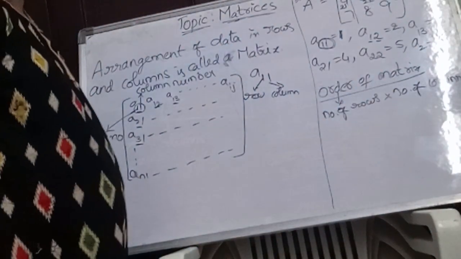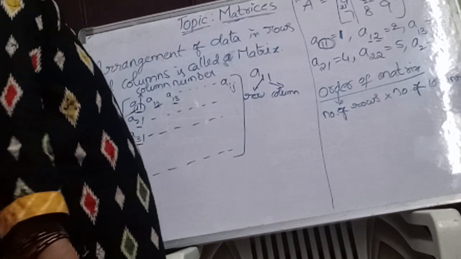In this example, you can see how many rows are there? First row, second row, third row. So number of rows is 3 into number of columns, first column, second column, third column. That is 3 by 3. What do we call this? Call it a 3 by 3 order matrix.